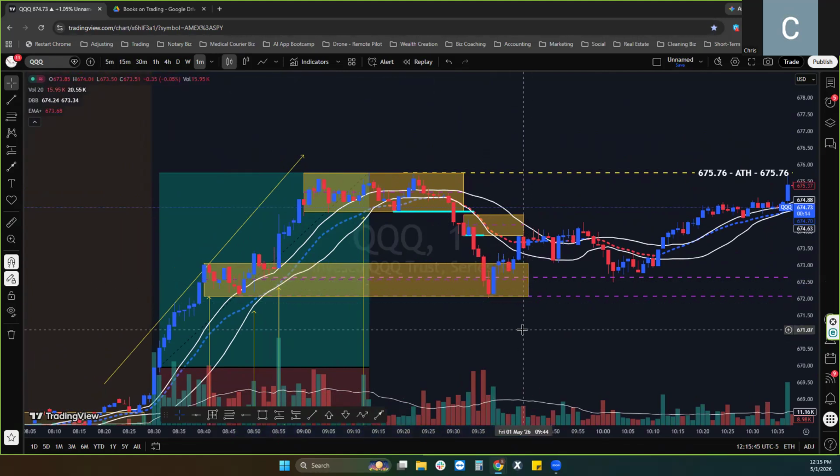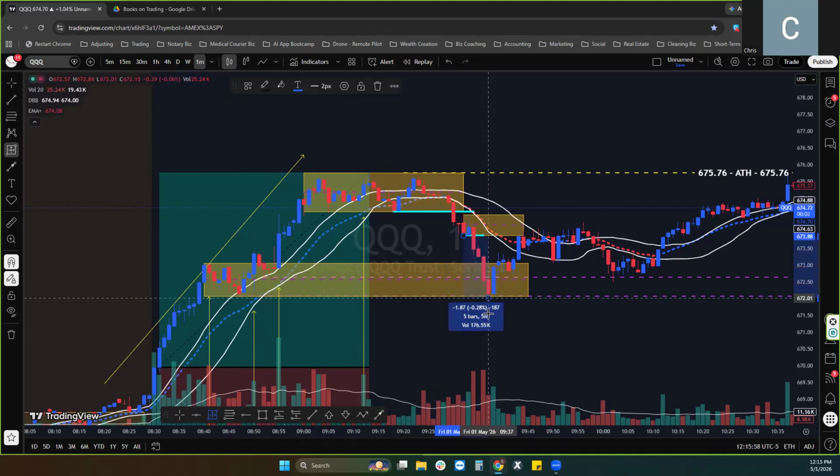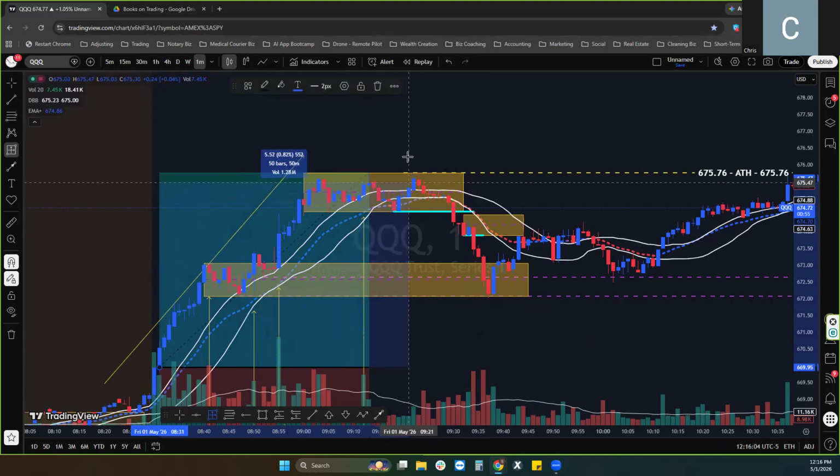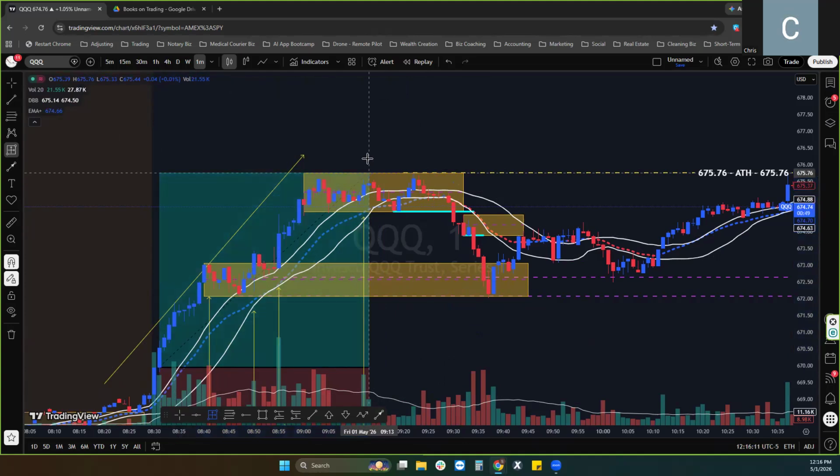And then you can go to the bottom of that, and that's a full move as well. And so if we look at that, we're looking at from here to here. That's a $187 move right there. Again, from over here to up here, that's a $581 move right there.